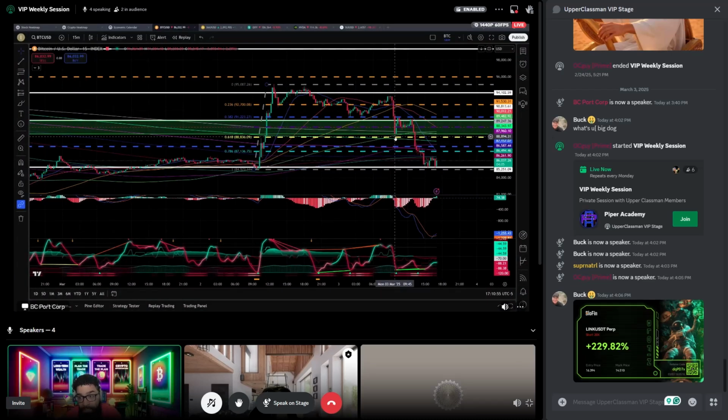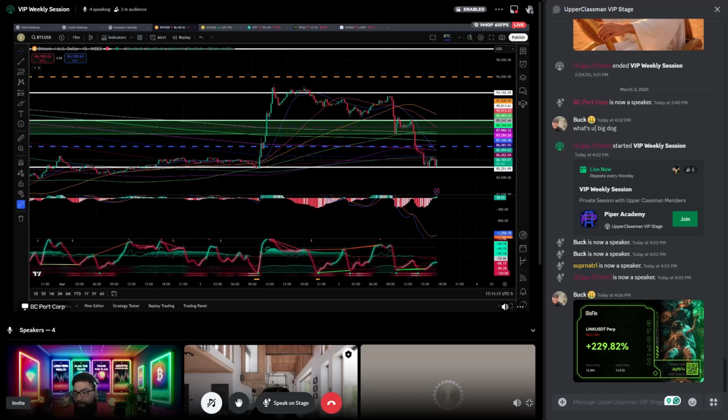We got a little bounce off of the buy zone that I talked about this morning, and we pushed up to the 382 of this and then rejected. It just depends on what time frame you're looking at, but I like to look at the higher time frames because that's where you'll sometimes see those bouncing levels on your shorter term time frames.